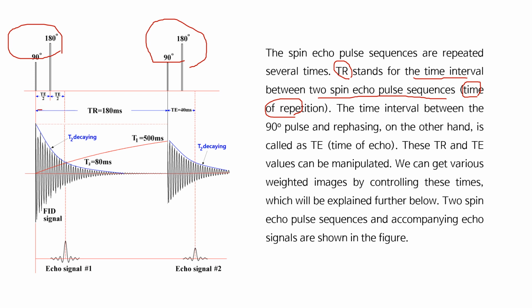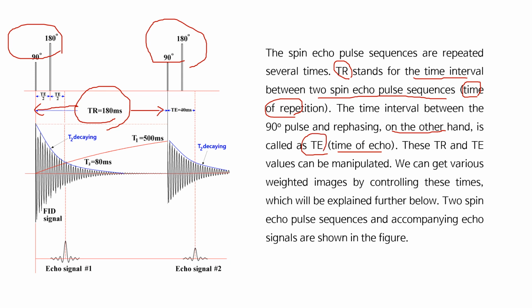So this is the TR in this case. The time interval between the 90-degree pulse and the rephasing, on the other hand, is called TE, time of echo.